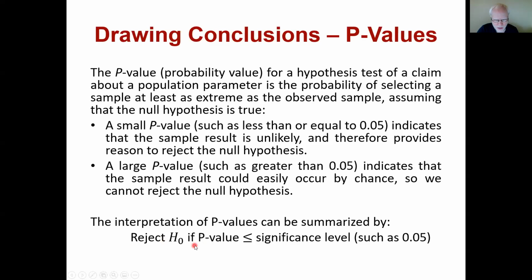In this case, we had a p-value of 0.0026, which is less than 0.01, and so we reject H naught. If the p-value had been greater than 0.01 or 0.05, say it was 0.13, then we would fail to reject H naught.